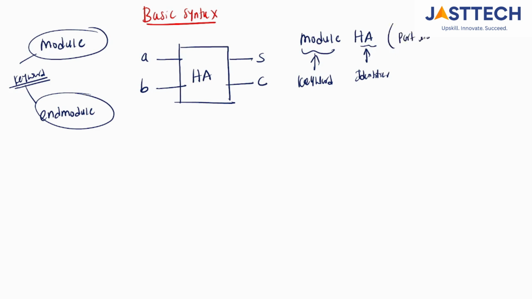Port list means I need to declare the port list. So here A comma B comma, let us take capital A comma B comma sum comma carry. Okay, so here semicolon will be there, and end module.